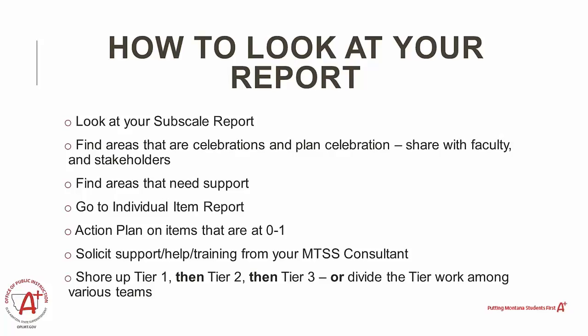So how are we going to do that? We are going to look to the individual item report, and then maybe we need to start prioritizing action items that are at a 0 or a 1. 0 means, yeah, we haven't done that yet. 1 is like, well, kinda. But it has not become a part of the systems and culture of your building.